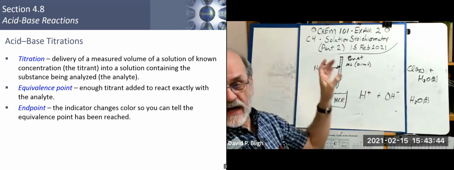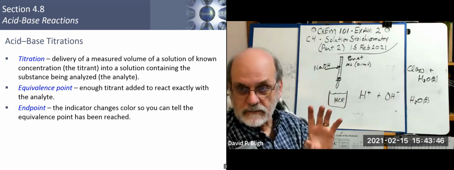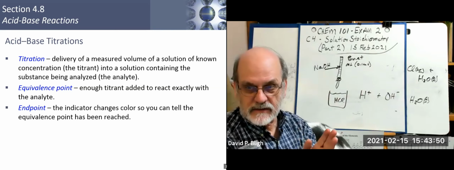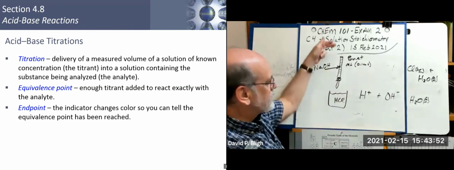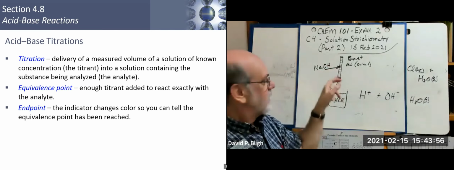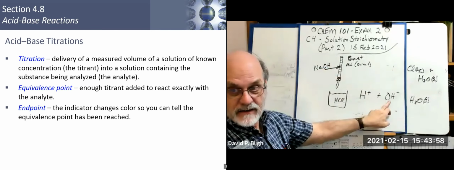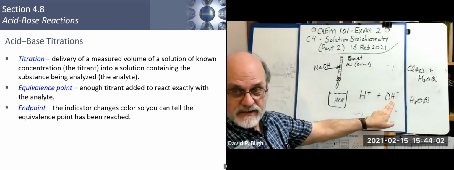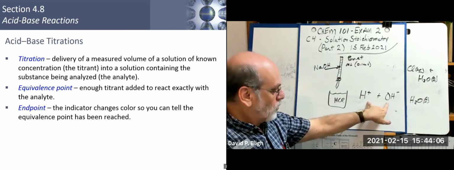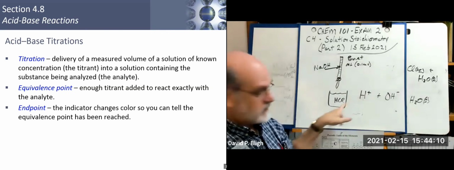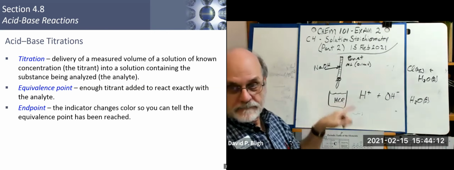This sodium hydroxide is a known concentration. You know exactly what its molarity is. So when you add so many milliliters of it, you know how many moles of base have been added. And when you reach exactly equal amounts, you know how much acid is in this container.